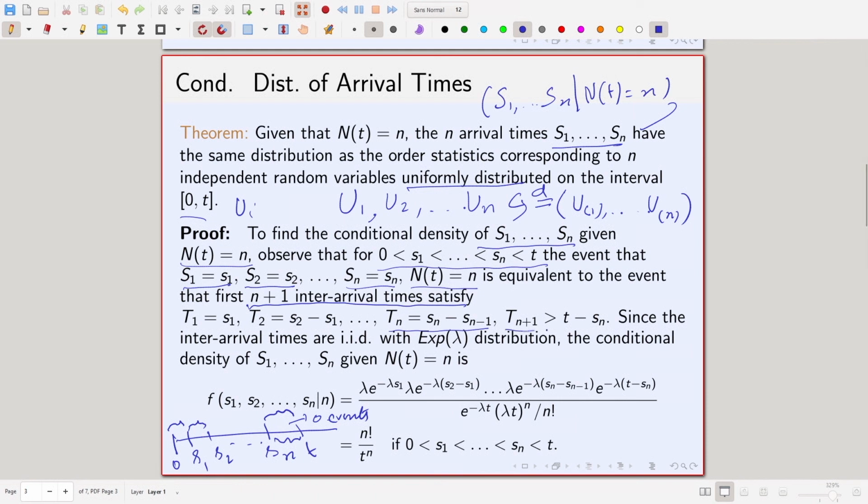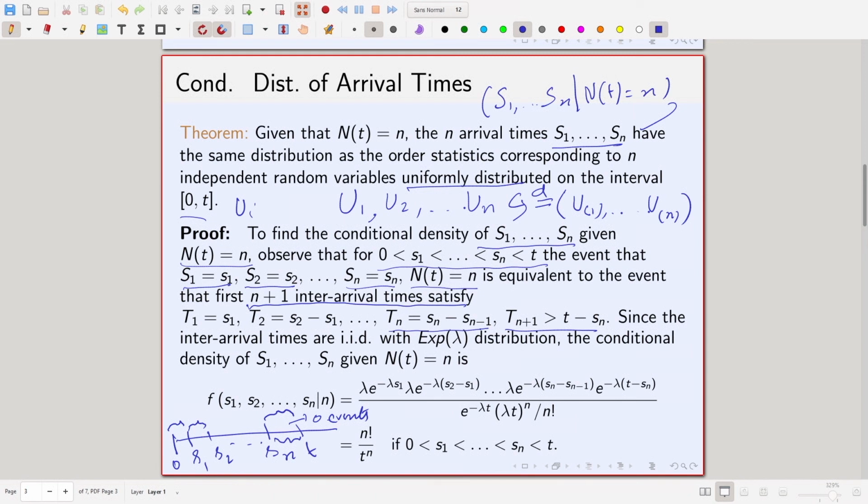For the first n terms, you can easily understand, because once you are told the arrival times, you can easily find out what the interarrival times are. Now you are also told that up to time t there have been exactly n arrivals, and the nth arrival happened at time Sn. So in this interval, from Sn to t, there has been no arrival.